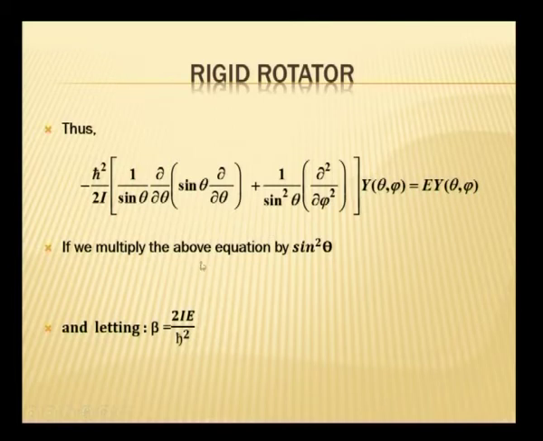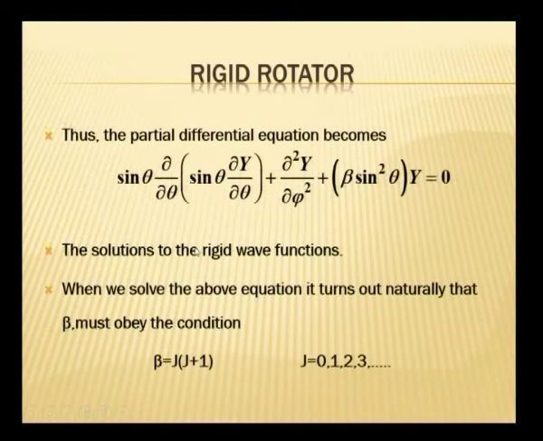If we multiply the above equation by sin square theta, and let beta equal 2 I E by h bar square, the entire thing can be simplified and the partial differential equation becomes sin theta dou by dou theta of sin theta dY by d theta, plus dou square Y by dou phi square, plus beta sin square theta into Y is equal to 0.